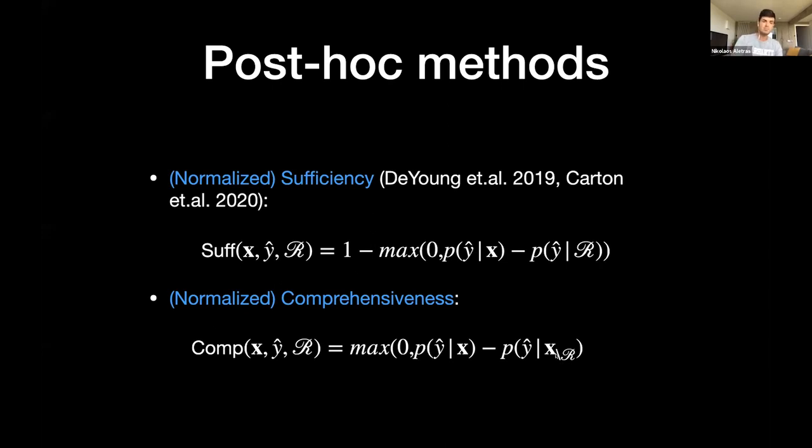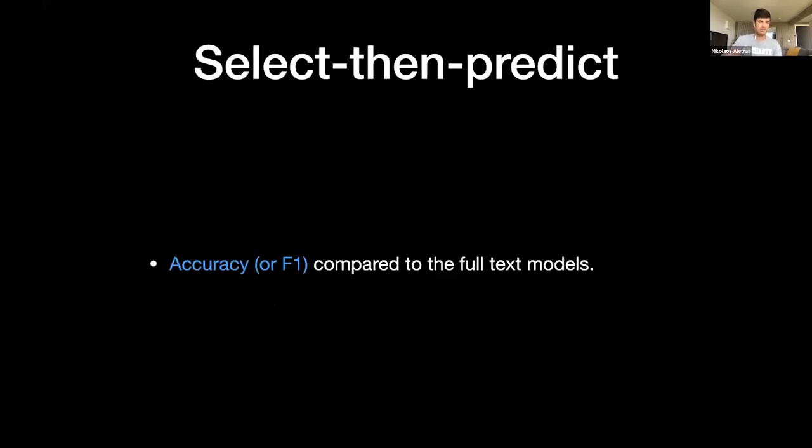All right, so we have those metrics. You can find them in the literature called fidelity measures. We're going to talk a little bit about those later and how much we can trust them in out-of-domain settings. For select-and-predict models, this is a bit more straightforward to evaluate.